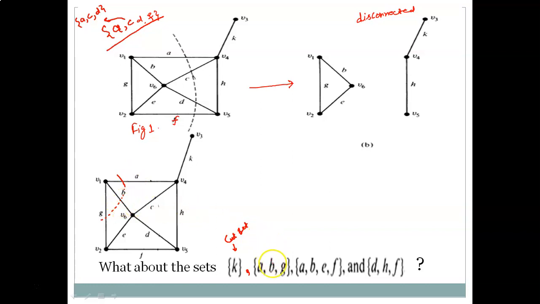Similarly, you can also consider BG, you can also consider AG, you can consider singleton A, singleton B, singleton G. In any case, any subset of this set ABG will not leave this graph disconnected. So therefore, this ABG is also a cut set. Similarly, by the same logic, this is also a cut set.